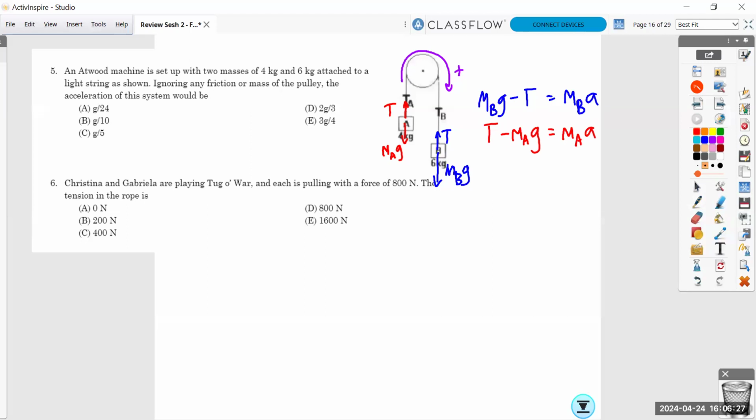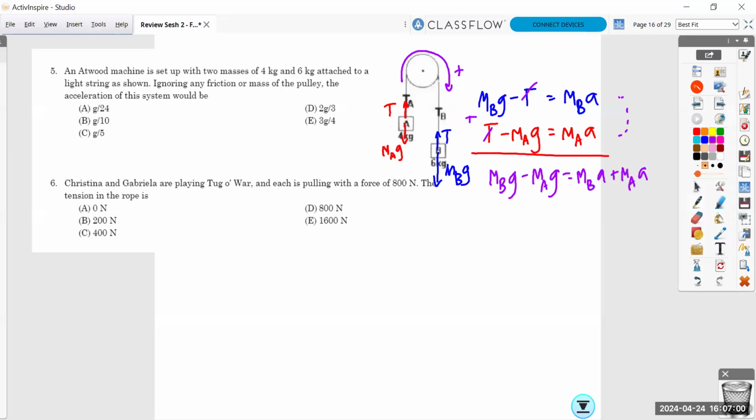And what we had done sometimes before is having these two things, we would add them. Because they have exactly the same acceleration, right? As one moves up, the other moves down, and they're going to go at the same speed and the same acceleration. Notice if I add them up, what happens to my tension? Yeah, it cancels out. I got a minus T and a plus T. And so what I get is MBG minus MAG equals MBA plus MAA.